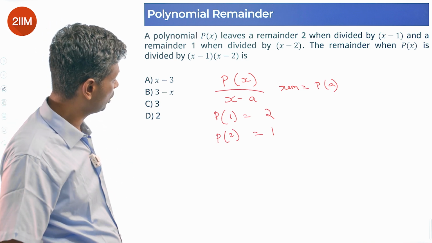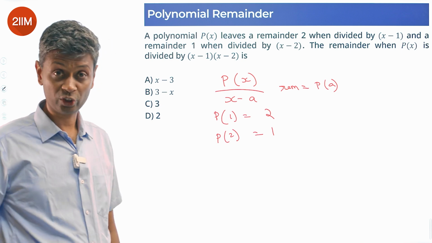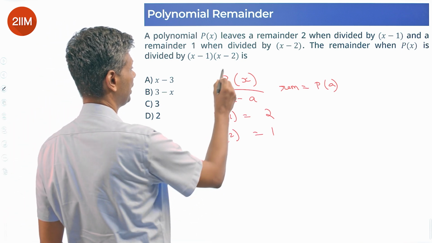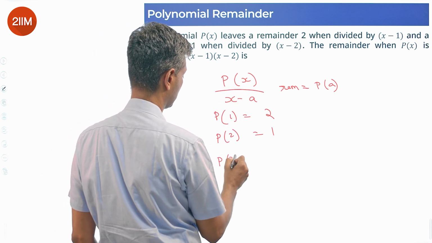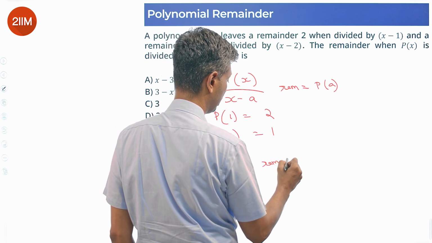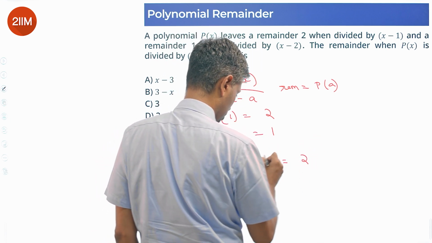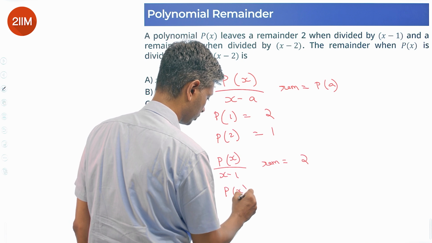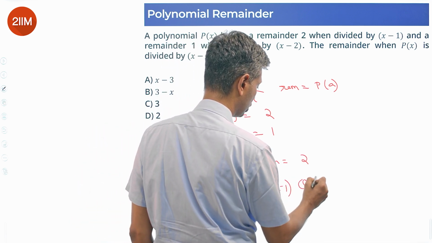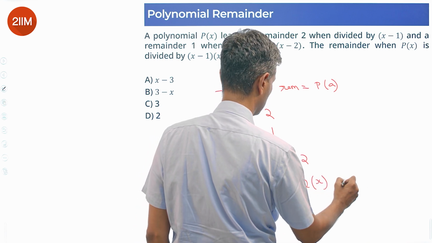But how do we find out what is the remainder when p of x is divided by x minus 1 into x minus 2? That is very tricky. What do we do? We reframe this. P of x by x minus 1, remainder is 2. This means p of x is x minus 1 times some q of x plus 2.